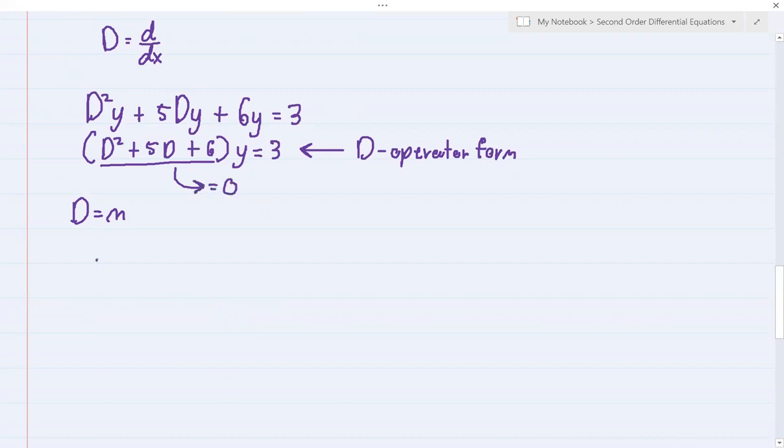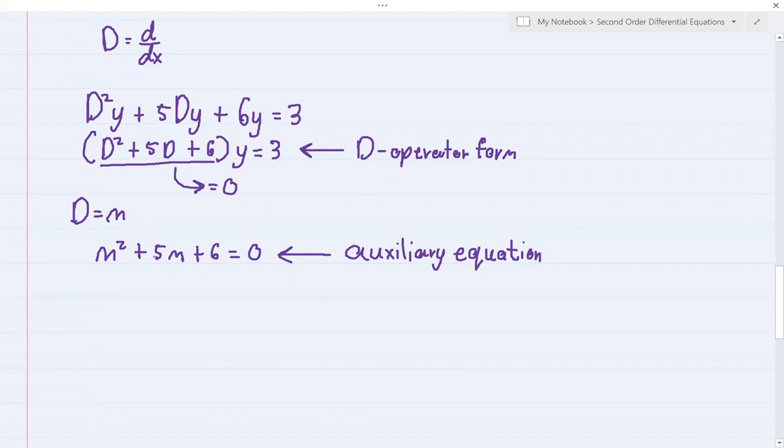So we will have m squared plus 5m plus 6 is equal to 0. And if you recall, this is an auxiliary equation.